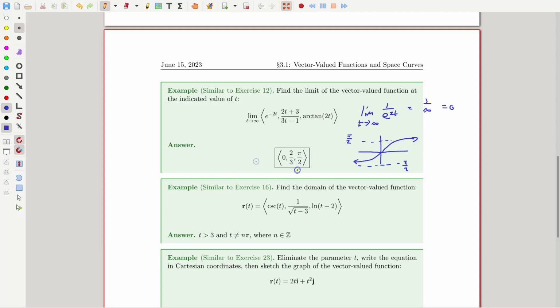And so we end up getting the value pi over 2. This 2 inside the inverse tangent function just makes us approach infinity faster. It stretches this horizontally, which doesn't matter for the ending value of the inverse tangent function. Okay.